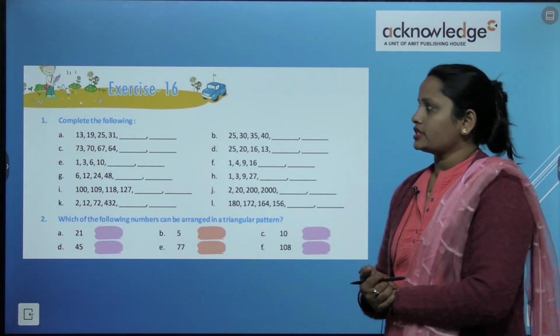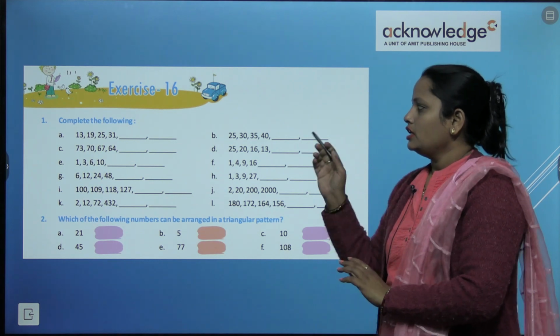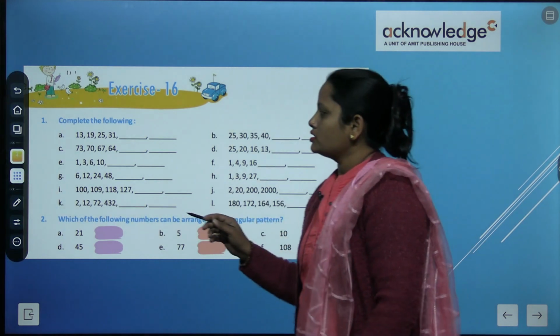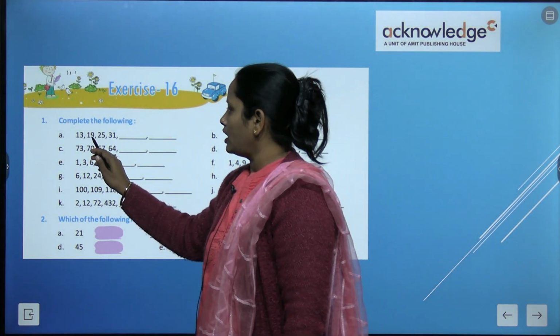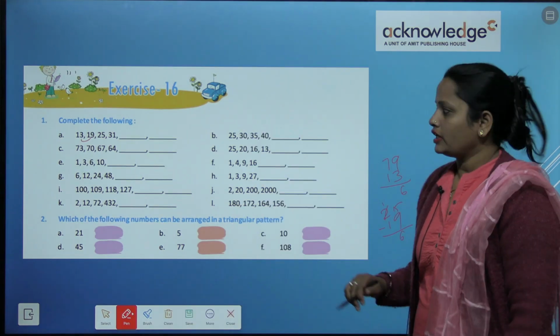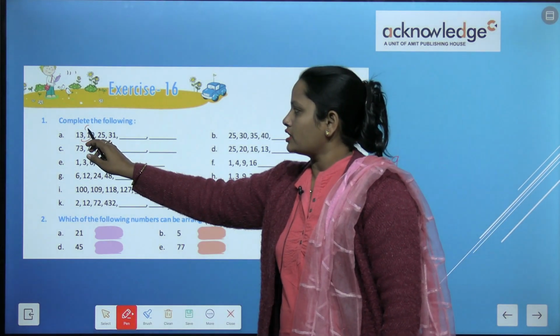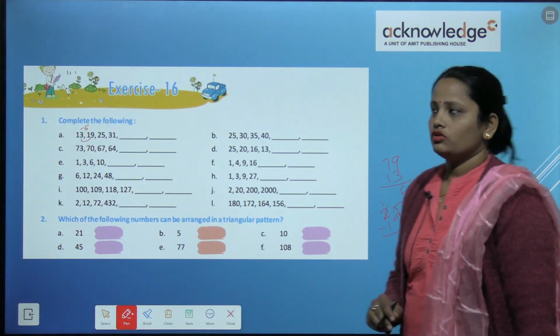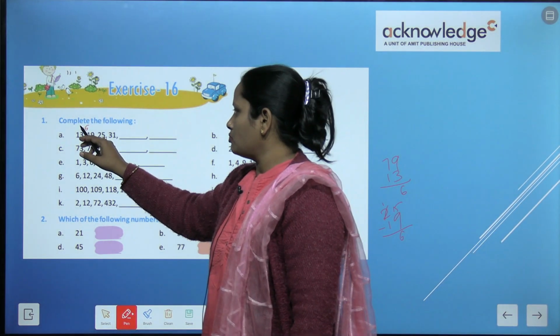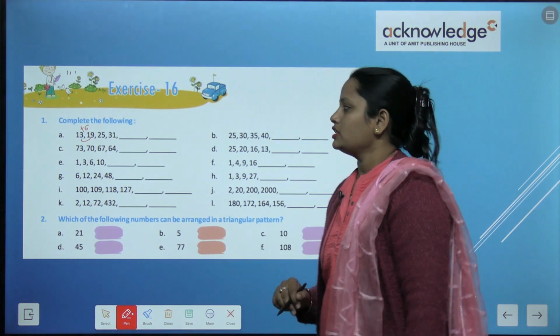Now let's do this exercise 16. Here we have to complete the following patterns. So here you can see 13, then 19. So children, here we can see there's a difference of 6. We have to add 6. 6 को add करेंगे we will get 19 here.